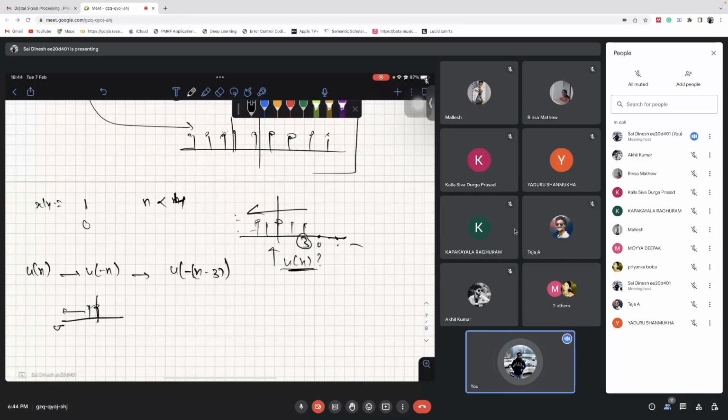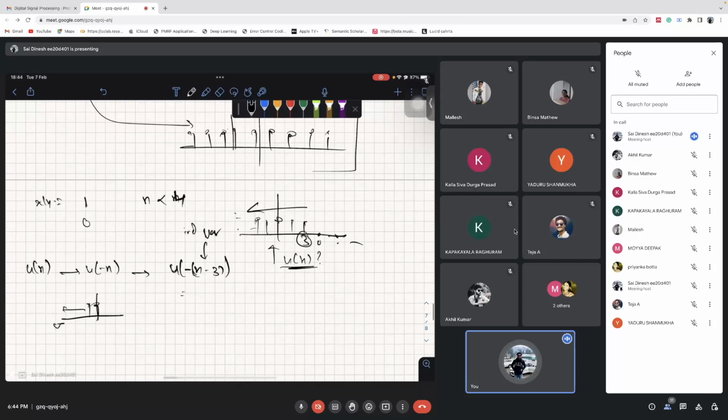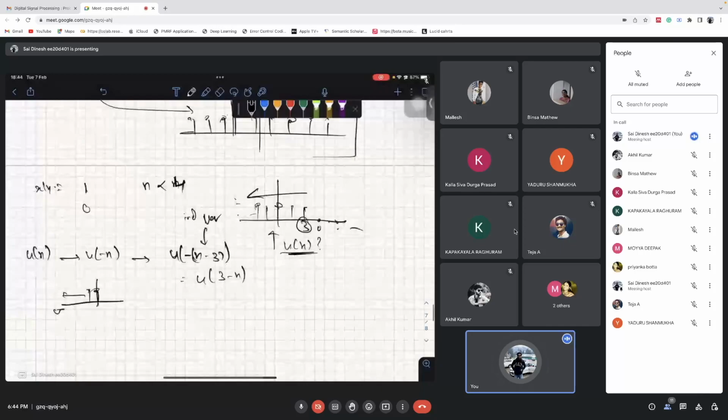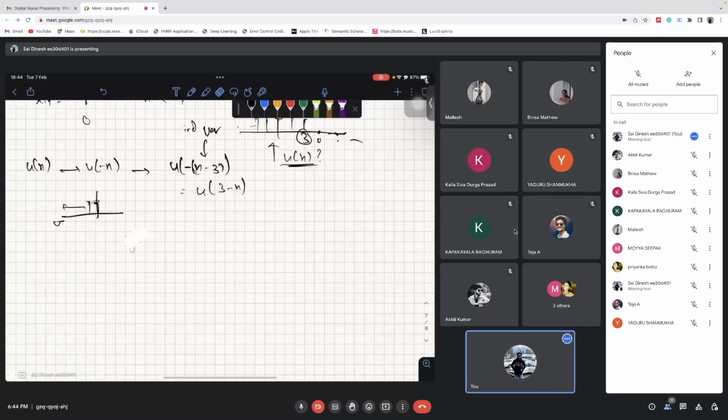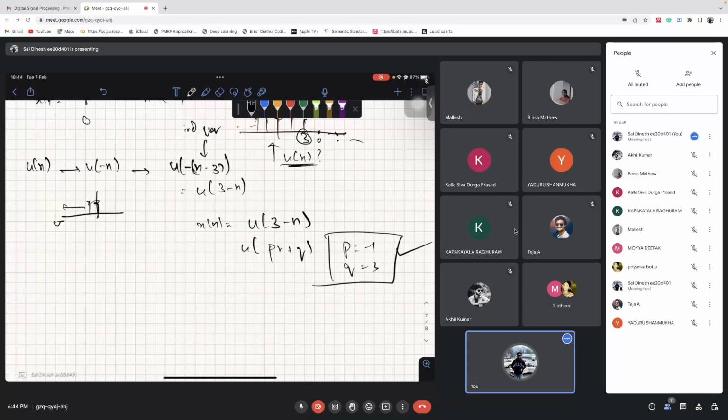We are doing the shifting on the independent variable here. So u of minus of n minus 3 is equal to u of 3 minus n. So the final x of n is u of 3 minus n. If you write it in terms of u of pn plus q, p equals minus 1, q equals 3. Clear, everyone? Until now, does anyone have any doubts?